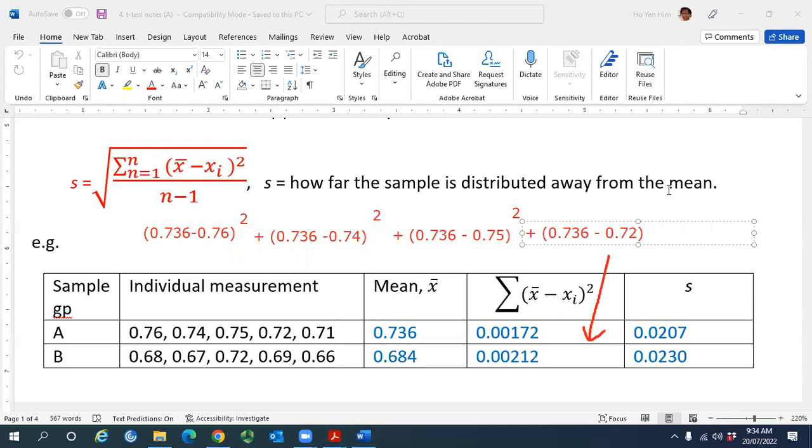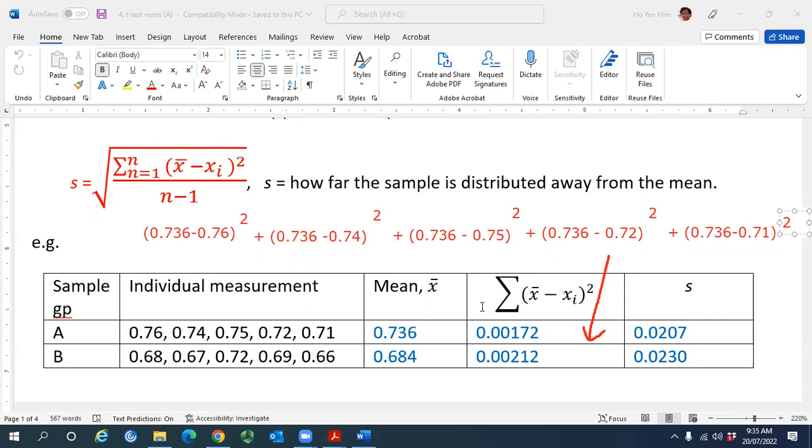Square it, plus the last one, 0.736 minus the last reading, 0.7. Square it.